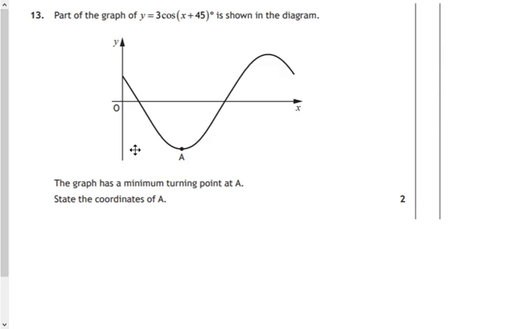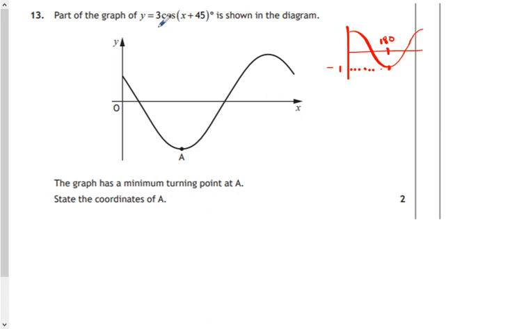Okay. Question 13. Part of the graph y equals 3 cos x plus 45 is shown in the diagram. The graph has a minimum turning point at A. State the coordinates of A. Well, a typical cos graph starts high, dips low, comes high again, and that happens there at 180, and typically at -1.